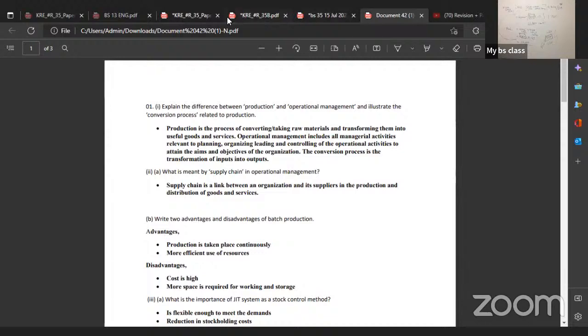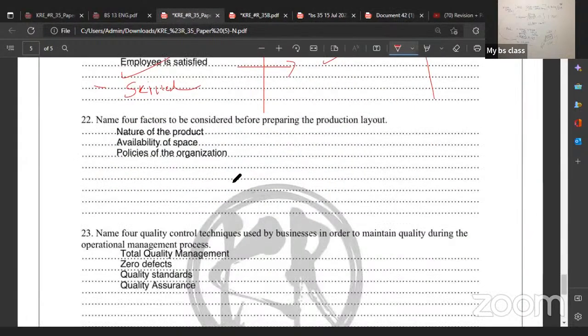Name 4 factors to be considered before preparing the production layout. You definitely have to look at the product, availability of space, policies of the organization, and also standards. And the cost, right?